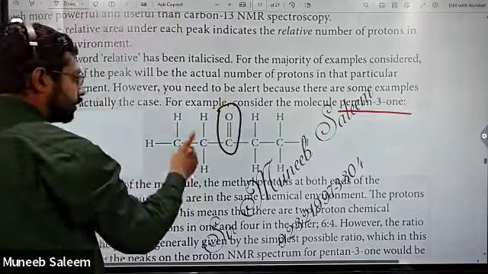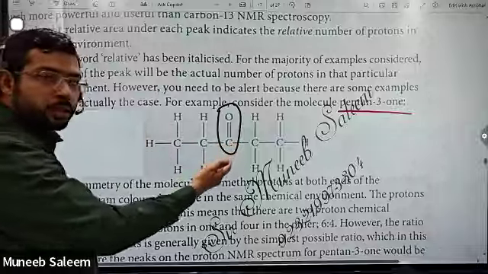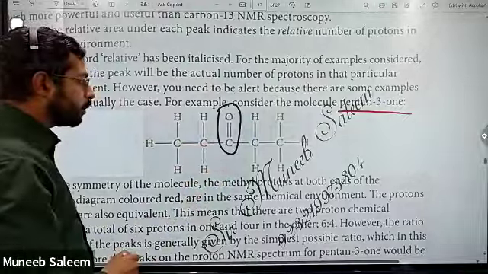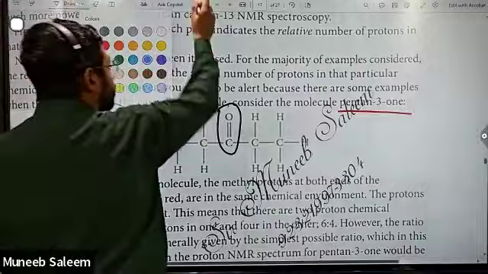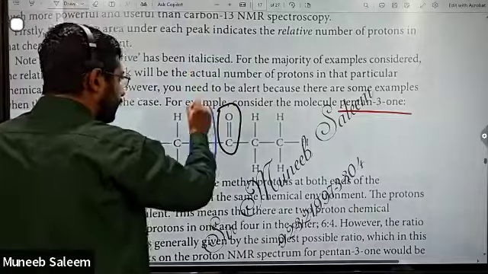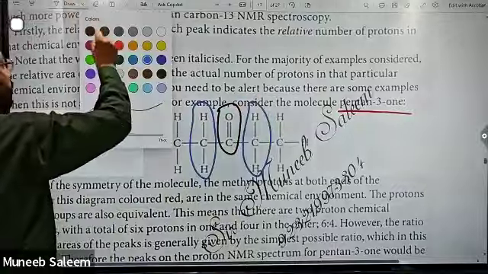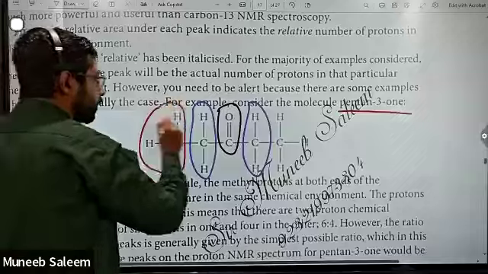There are CH2 groups and CH3 groups on either side of this carbonyl group. The CH2 is present on the left and the right side of this carbonyl group, and then we have the CH3 groups on the extreme ends of this compound.